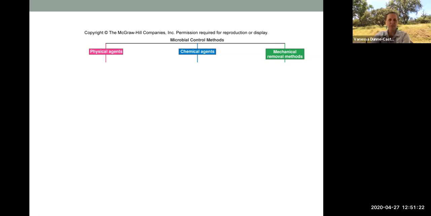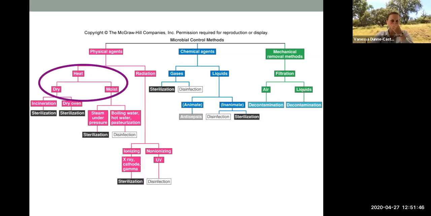And I keep saying physically removal. I'm going to try to change to mechanically removing them, because that's what your book terms for mechanical. For each of these, there are different subcategories or different types of physical agents here, heat or radiation. For chemical agents, you could be dealing with a gas or a liquid. For mechanical removal, primarily we're just talking about filtration here. And then there are specific examples for each of them.